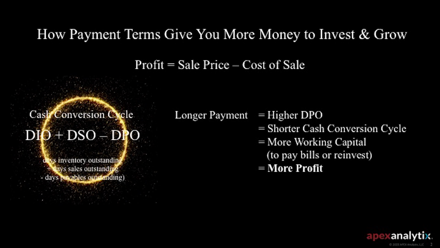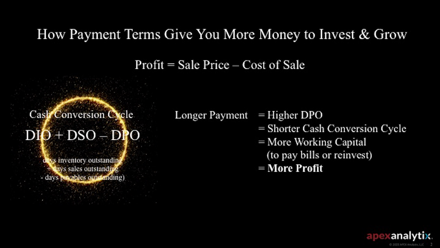So jumping into the topic at hand, really no matter what your product is, your company profit is driven by the difference in the costs that you have as a company and the prices that you're charging and the quantity that you're selling. And the faster you turn that profit, the better, because it gives you more money to reinvest sooner.